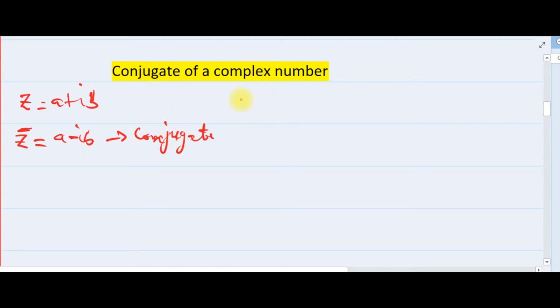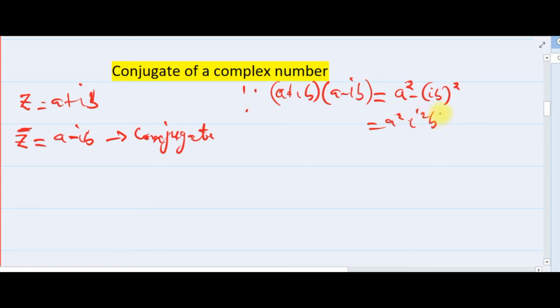Because if you multiply a plus ib times a minus ib, let's multiply this: a squared minus i squared b squared. Okay, I didn't say something about this i. i is the square root of -1.